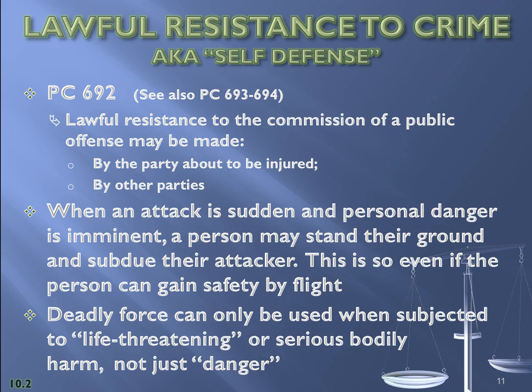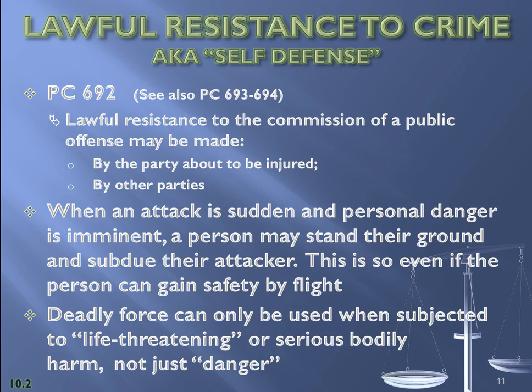And when an attack is sudden and personal danger is imminent, a person may stand their ground and subdue their attacker. This is so even if the person can gain safety by flight. So what they're telling us here is that you don't have to run away in order to gain safety.